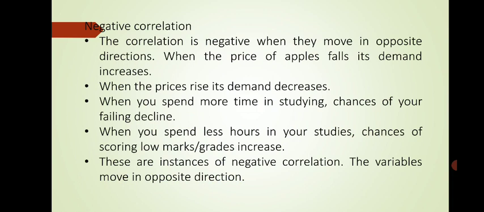Positive or negative correlation depends upon the direction in which variables are moving. If both variables tend to move together in the same direction, so that an increase in the value of one variable is associated with an increase in the value of the other, and a decrease in one is associated with a decrease in the other, the correlation is said to be positive or direct correlation.